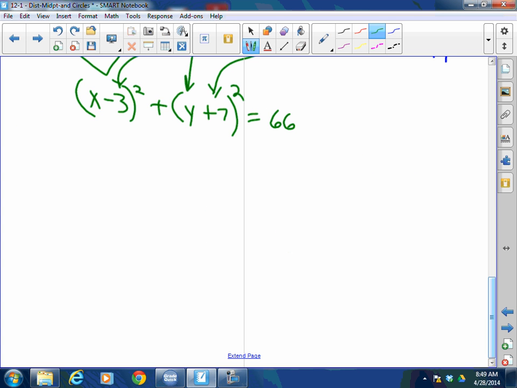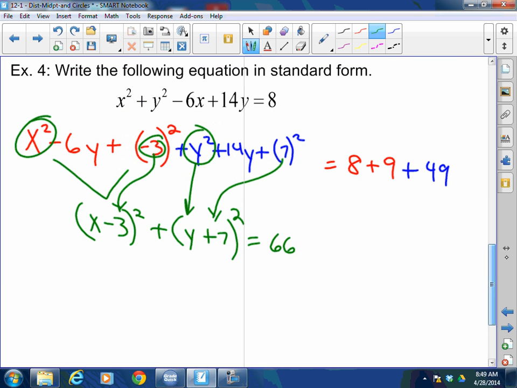Yes, sir. Isn't the 3 positive and the 7 negative? Because the equation is x minus h plus y minus. My center is going to be 3, negative 7. Talk to me, kid. Where are you getting confused? You just said, isn't it x minus 3? Yeah, it is x minus 3. That's why it's there.